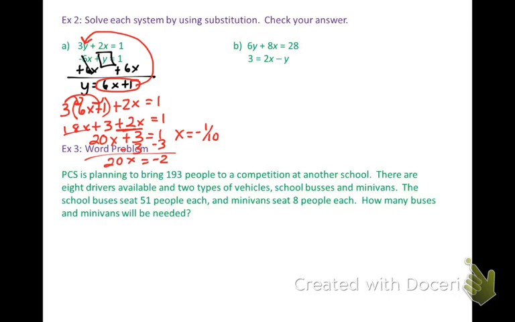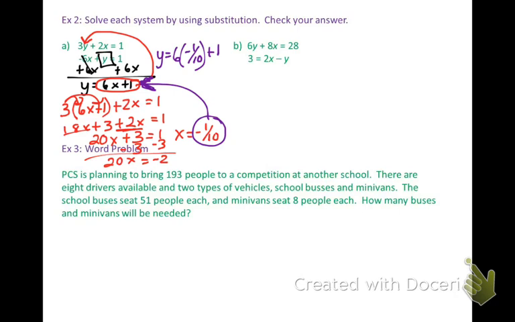Now, the best way to do this is, I'll take the purple, put it in this one you had just turned into y equals. Don't go back up to the originals. So I would just go y equals 6 times negative 1/10 plus 1.